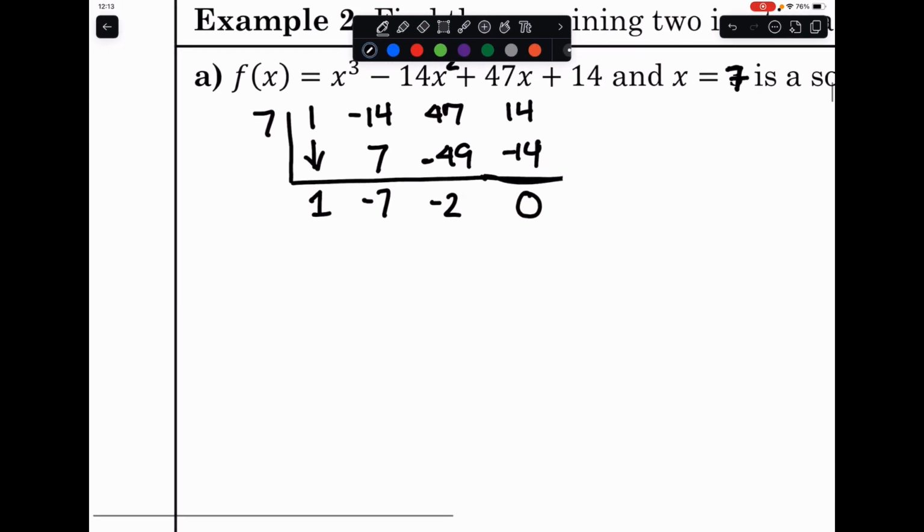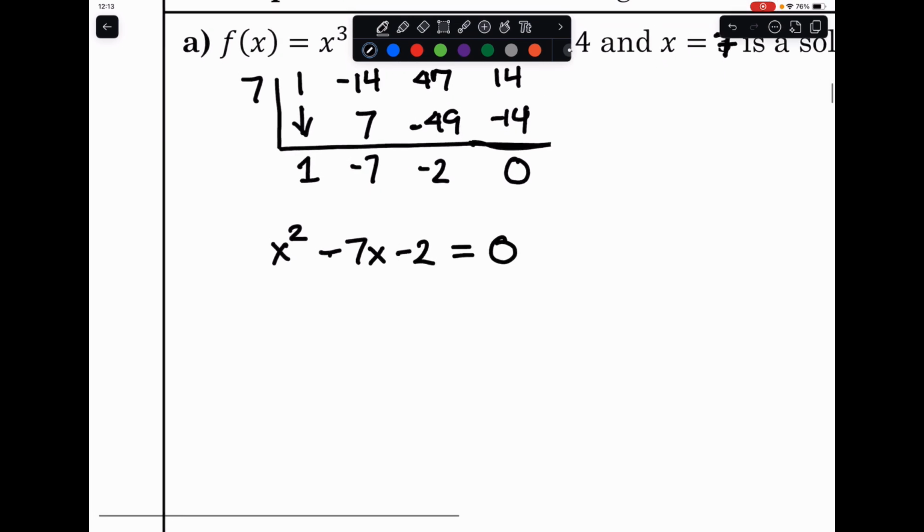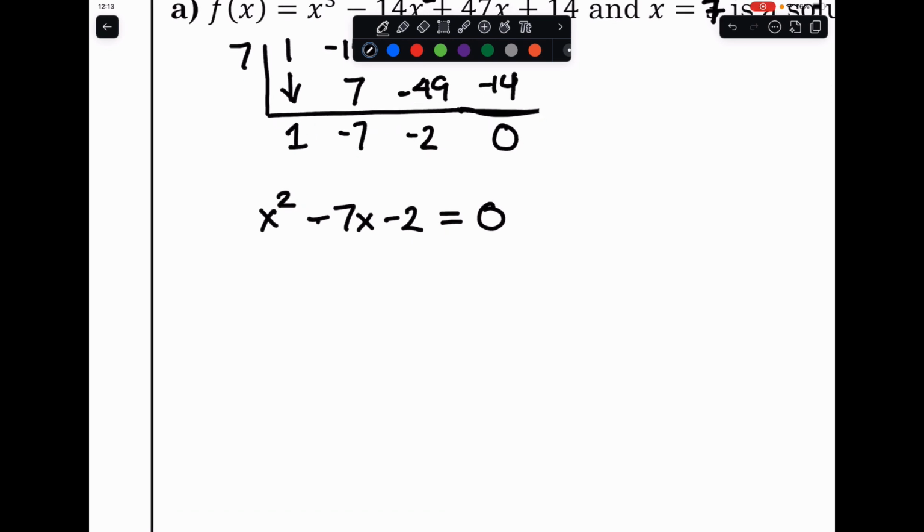So now we have the quadratic equation x squared minus 7x minus 2, and we need to set this equal to 0. And like before, we would try to use factorization, but we're going to come across a problem this time. We're going to see that factorization does not work because the factors of x squared are x and x.